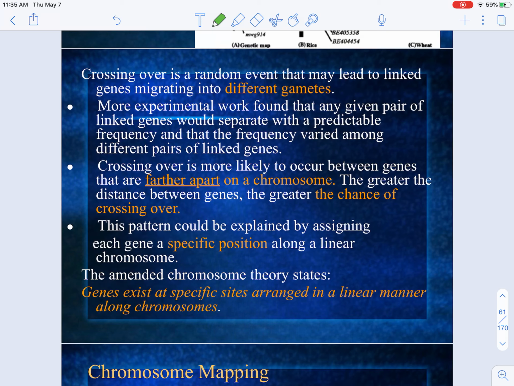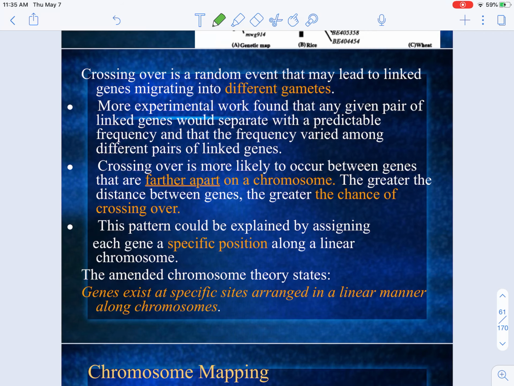If you are right next to your buddy and everybody's holding hands and running through, it's most likely that you'll end up 15 minutes later still with your buddy. But somewhere along that string of 20 people, the line may break as you're weaving through the crowd and running. So the further apart you are, like first guy and last guy, the more likely you will be split up and not end up together.